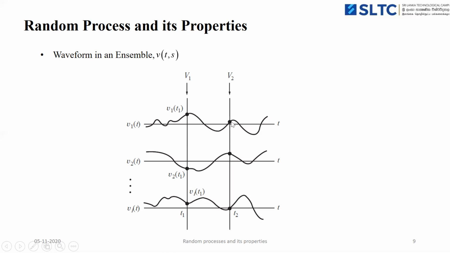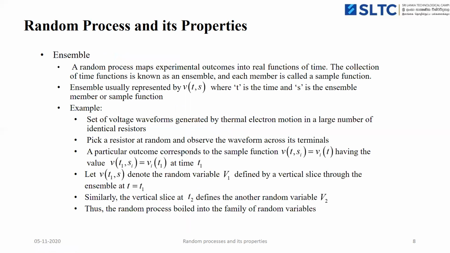Similarly, at time instant t2, V1 of t2, V2 of t2, and Vn of t2 form the random variable V2. So V1, V2 are sets of the values of the sample functions. Similarly, the vertical slice at a time t2 defines another random variable V2 from all the sample functions.